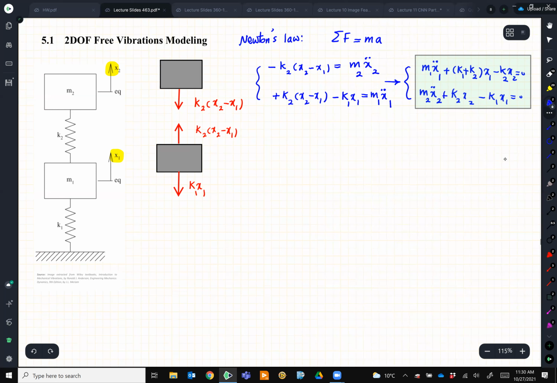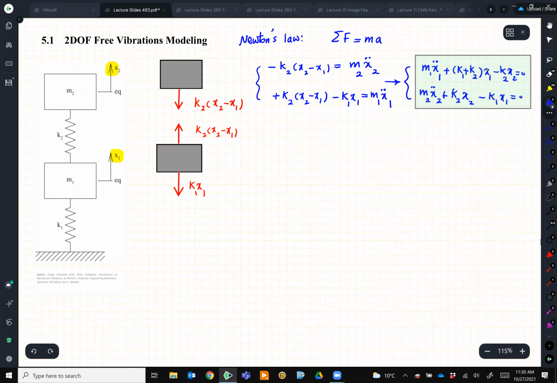This is x2. So instead of one equation, we have two equations. But if you take a look at these equations, you will see they are interconnected, right? In one of them, you have x1, x double dot 1, and x2 in another one.